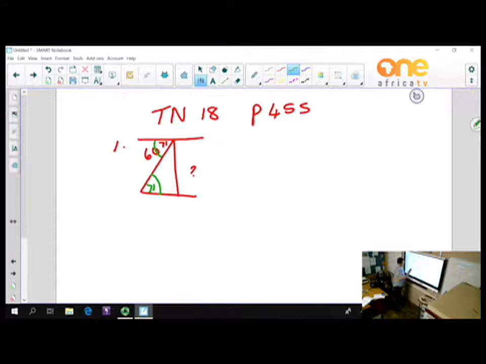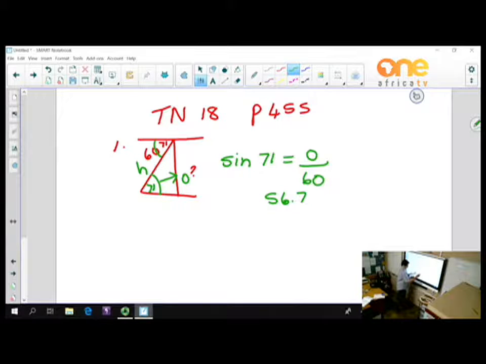Now we can ask which function. This is opposite, this is hypotenuse, so it will be sine. So sine 71 is equal to the height over 60. Which method? Top times 60 times sine 71, and I got 56.7 meters.